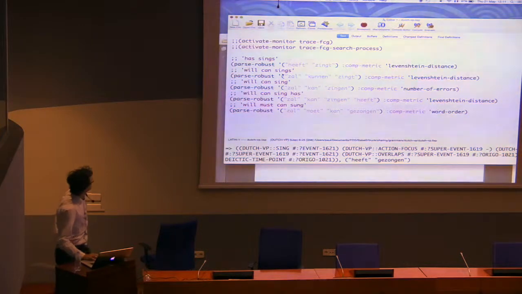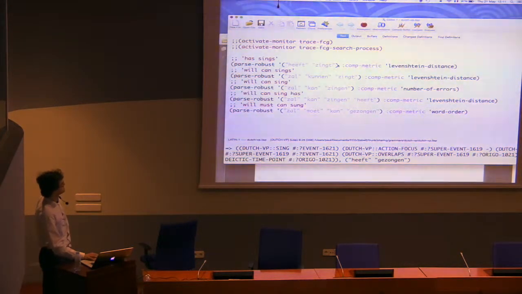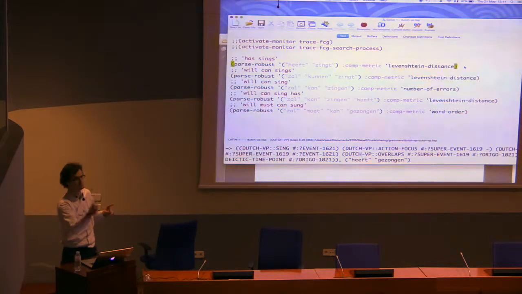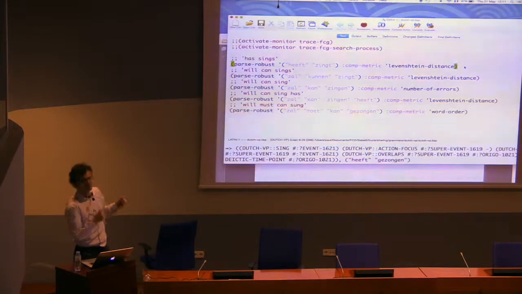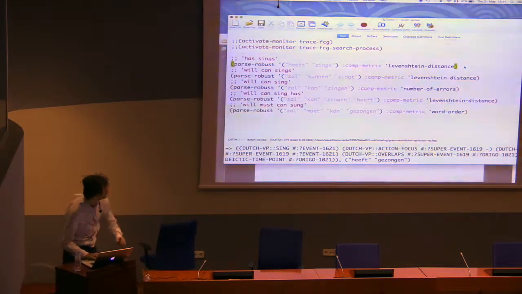For example, the form heeft, zingt, literally has, sings in Dutch. We will parse it robustly, and as a ranking mechanism, the metric, we will use the Levenshtein distance between the erroneous input form and the form that the speaker comes up with.